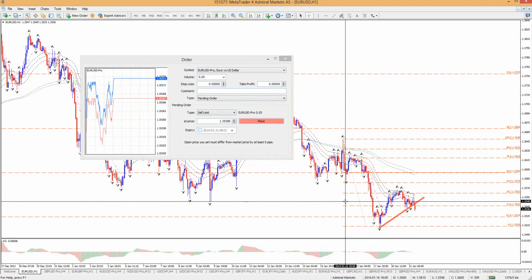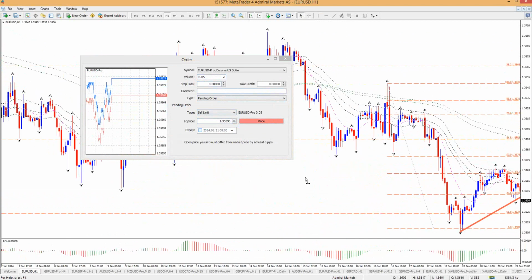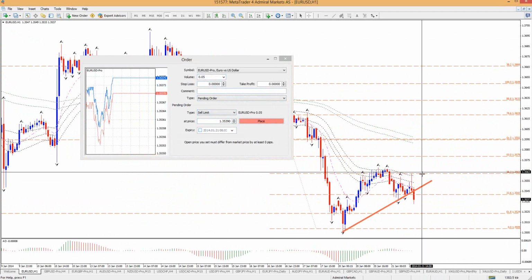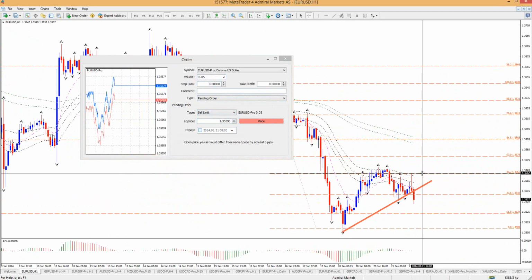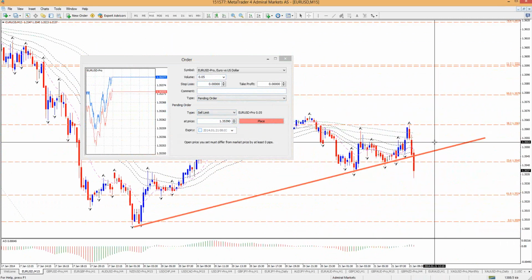That's also above this hour's high. The other stop loss possibility, of course, is above last hour's high. But for the moment, I'll go above this hour's high.